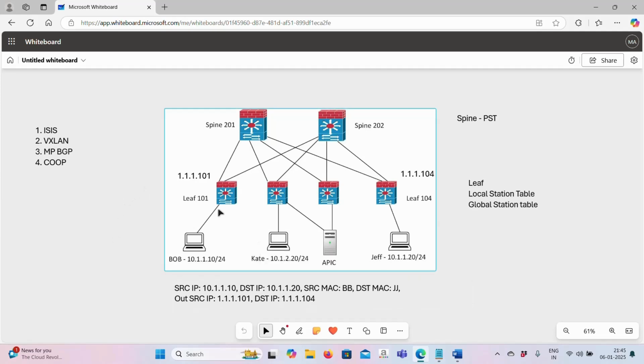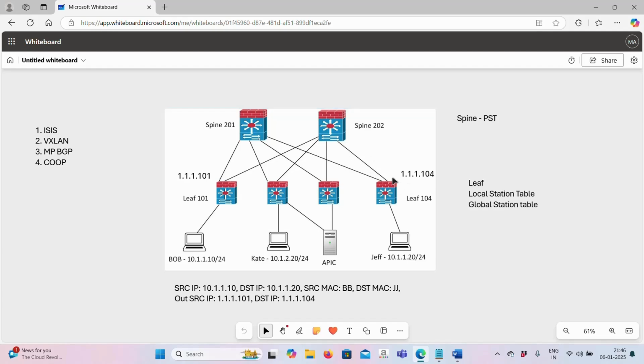So how will leaf 101 route this to the destination IP address? This routing will happen via the underlay routing protocol, which is ISIS. So leaf 101 will encapsulate the packet coming from Bob with the VXLAN header, and it will be able to route to the destination using ISIS.